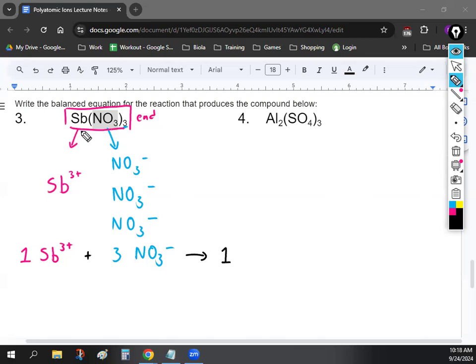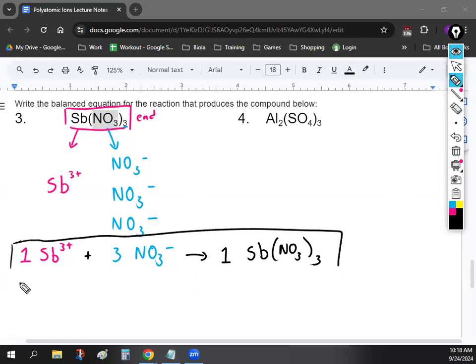And the chemical that we make is this thing right here, Sb parentheses NO3 3. And this right here at the bottom is going to be our answer. A little bit different, but it's pretty much the same thing. This time I'm giving you the chemical that you end up with. You just need to figure out what it's made out of. Just break it up and then finish up the equation from there.